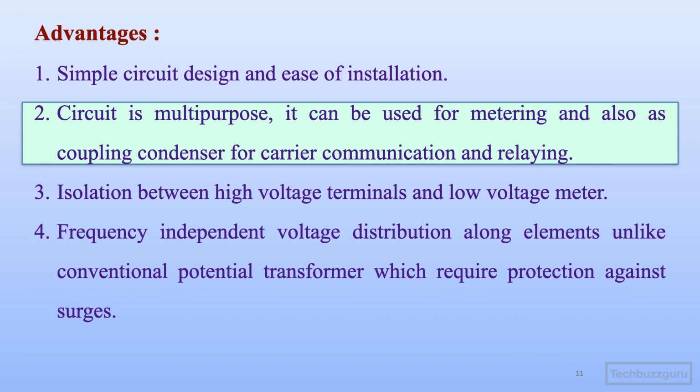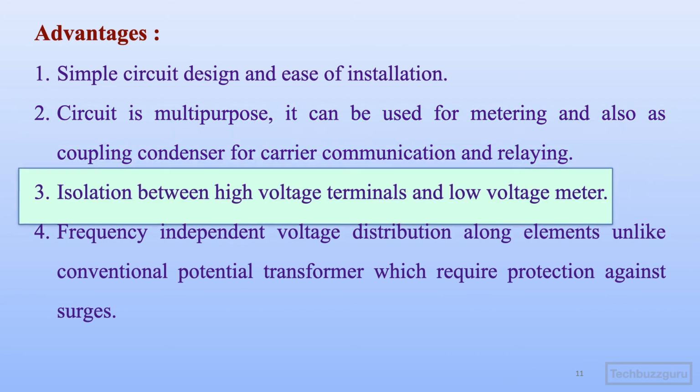This circuit is also used for using the capacitors as coupling condensers for carrier communication and the relaying purpose, that is in the protection. Apart from the metering, it can be used for carrier communication and relaying.